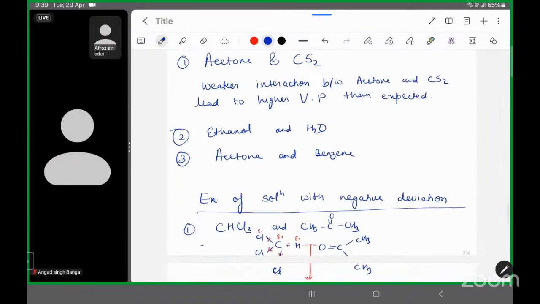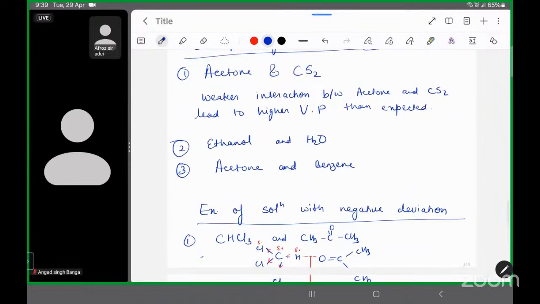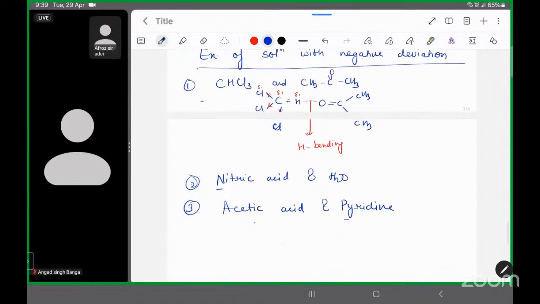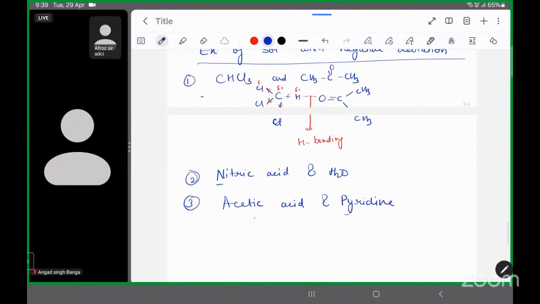In positive deviation, there is weaker interaction between solute and solvent. In negative deviation, there is stronger interaction; there may be some hydrogen bonding developed between solute and solvent. Is that clear to everyone? Please let me know if there is any problem.